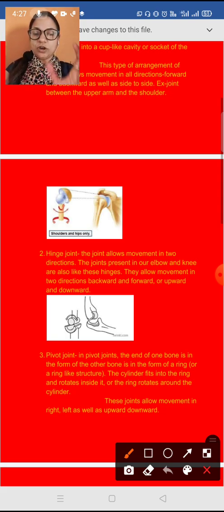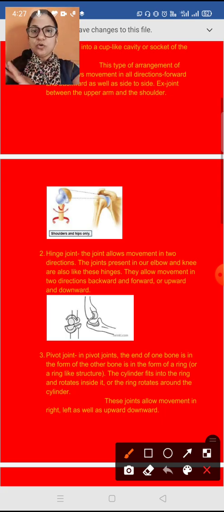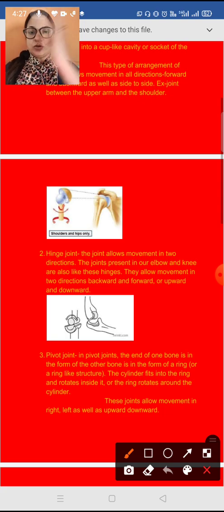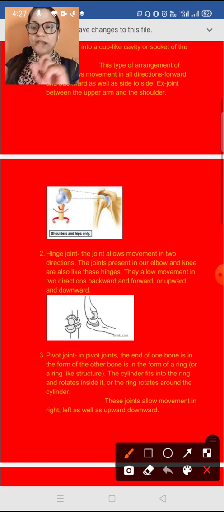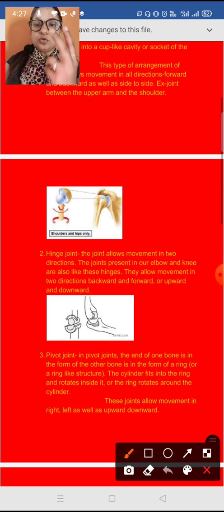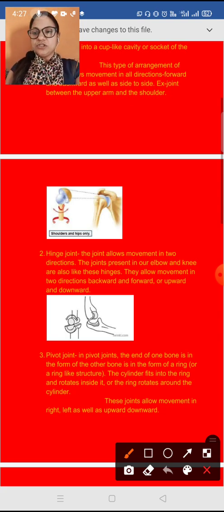Have you noticed your door when you are closing and opening it? It always moves in two directions, inside and outside. Same with the hinge joint. They allow movement in two directions.